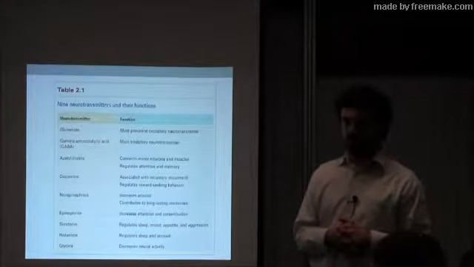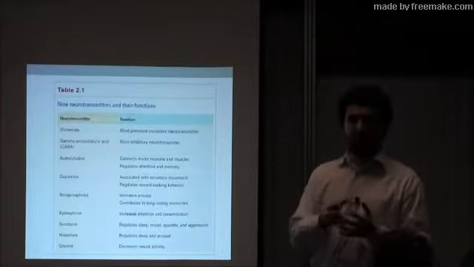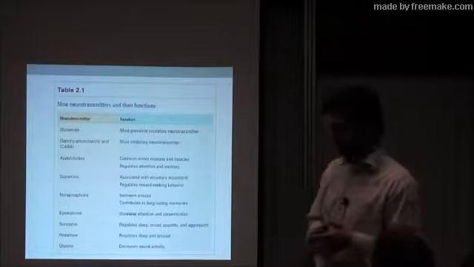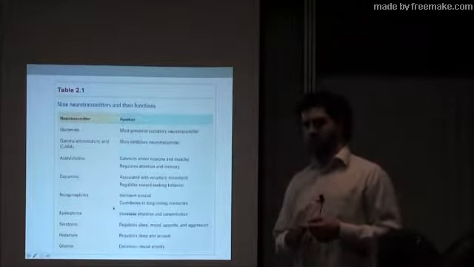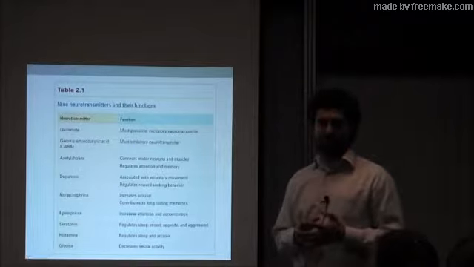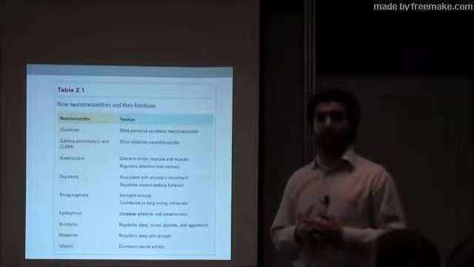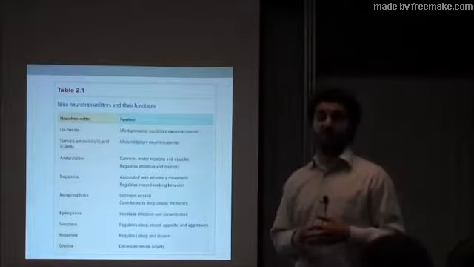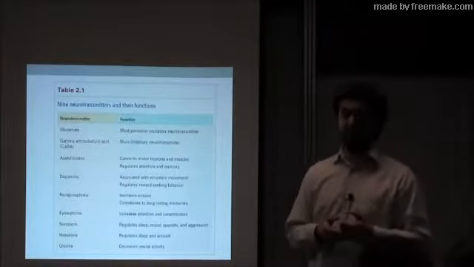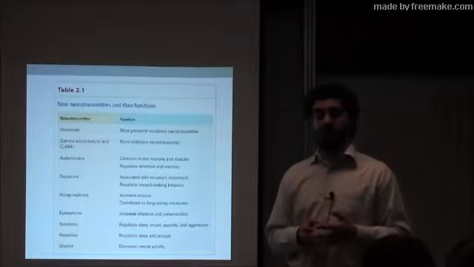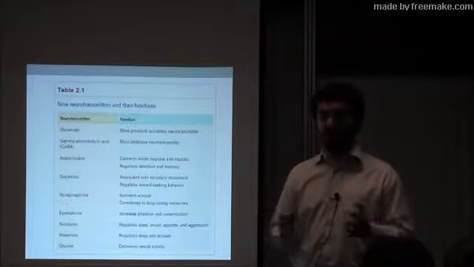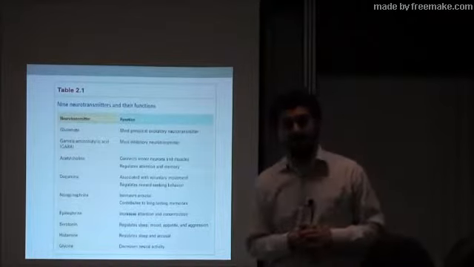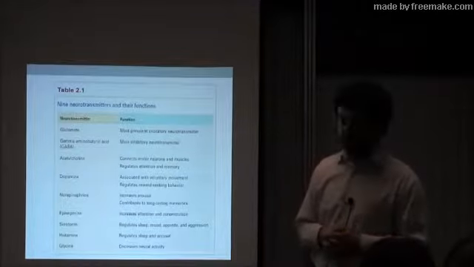For example, the earliest neurotransmitter that was studied extensively was acetylcholine, which is very important in motor neuron function and neuromuscular function. We have dopamine, which is important for reinforcement learning. Serotonin, important for mood and sleep. Norepinephrine, important for arousal. Glutamate, the major excitatory neurotransmitter in the brain. And GABA, the major inhibitory neurotransmitter in the brain.